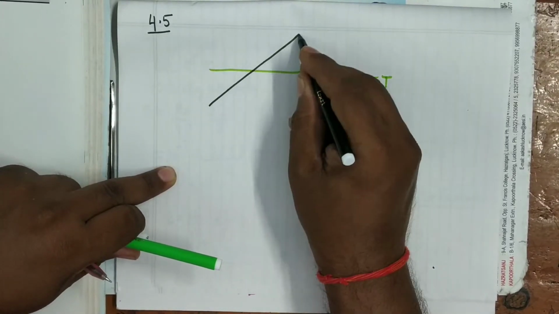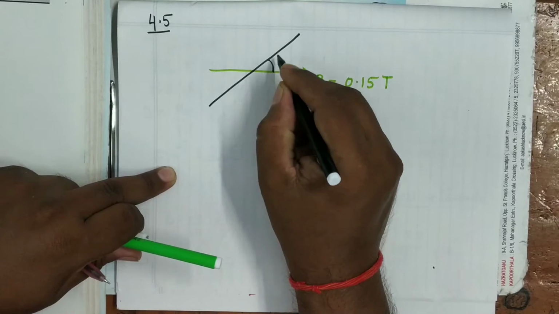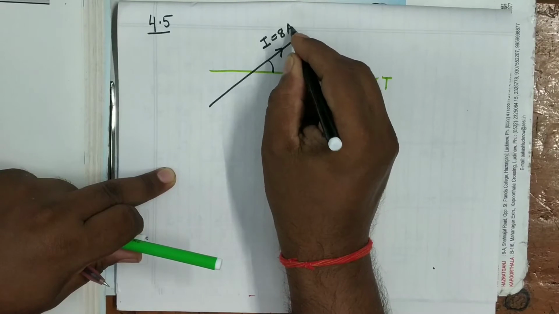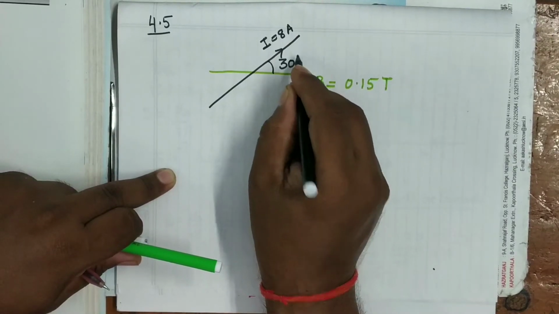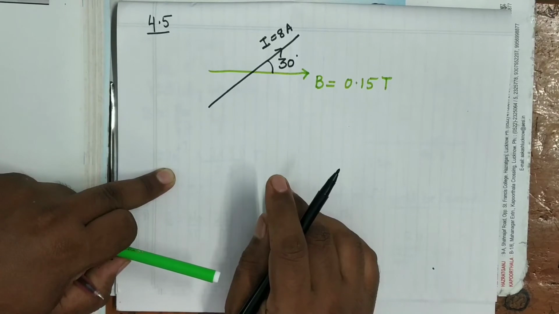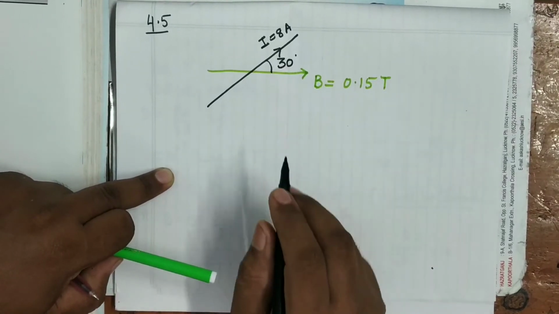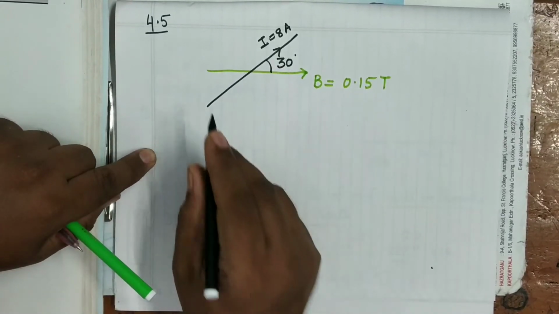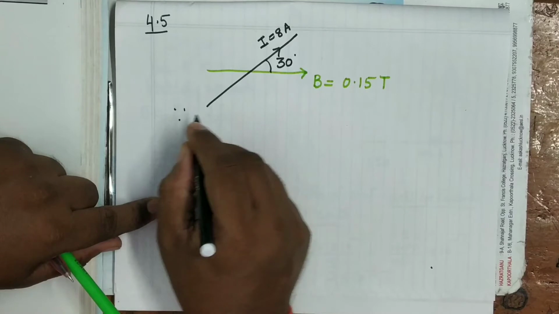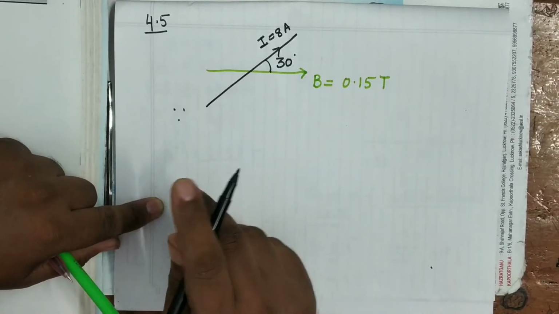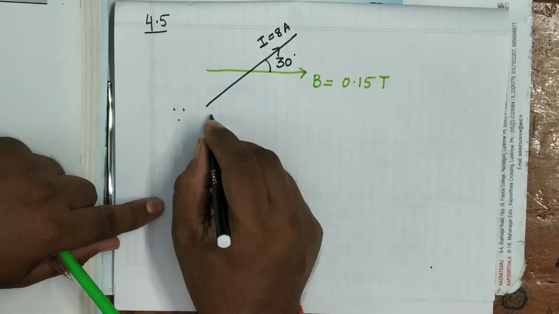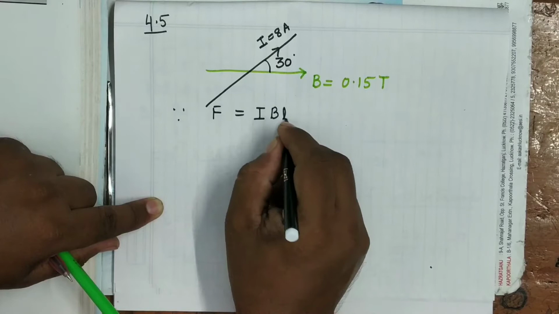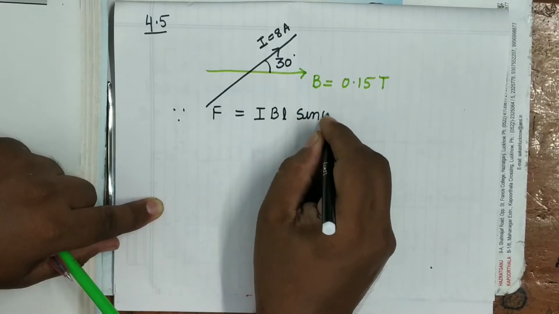This is the current carrying wire, carrying I equals 8 ampere. This angle is given as 30 degree. It is placed in this magnetic field. So what is the magnitude of magnetic force per unit length? As we know, the force acting on a current carrying wire placed in an external magnetic field is given by F equals I B L sin theta.